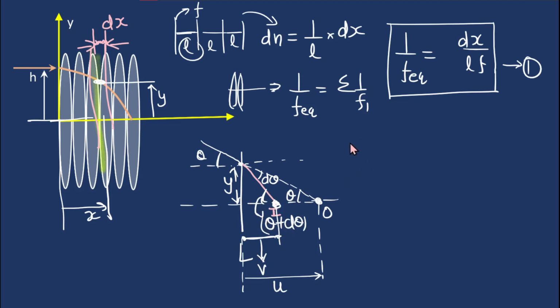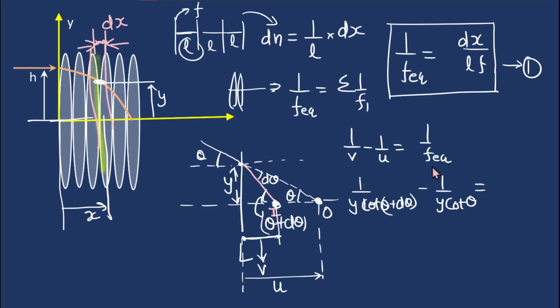So we can write the lens equation, 1 by v minus 1 by u equal to 1 by f equivalent. So 1 by v will become 1 by y cot of theta plus d theta, minus 1 by y cot theta, equal to 1 by f equivalent, that can be written as dx by L times f, right?